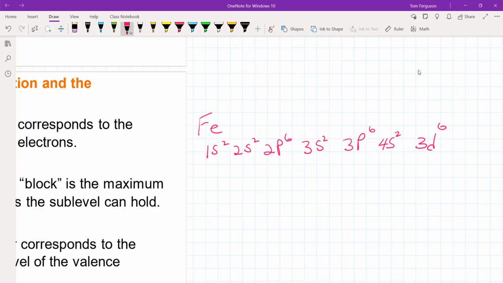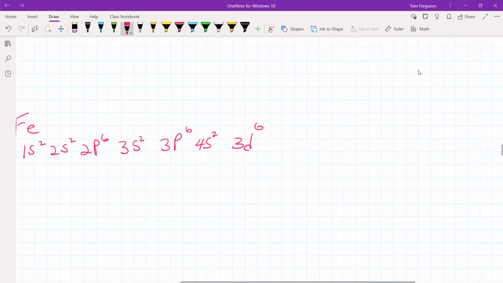So an orbital diagram for this would be the S's and the D's. Okay, so how many are in the S? The 4s. We're only doing valence now. So how many orbitals do we have in the S?